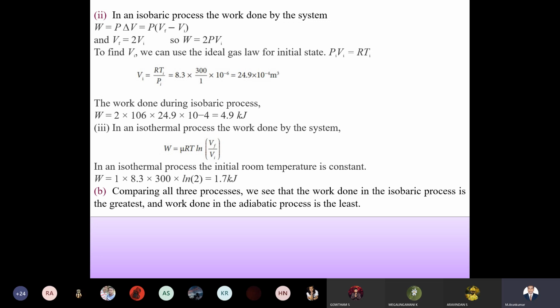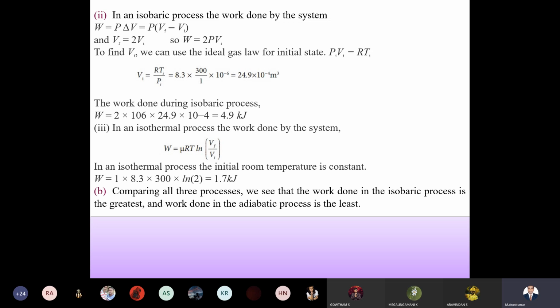Right. So we have the equation W is equal to P V initial. We can find V initial by using the formula P V is equal to mu R T. Mu here is 1. So P initial V initial is equal to R T initial.